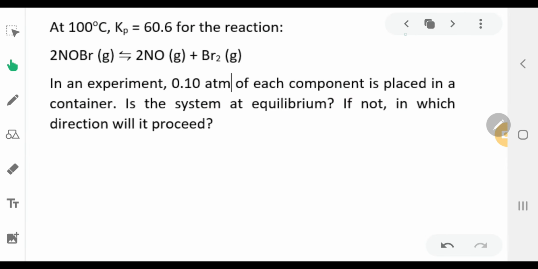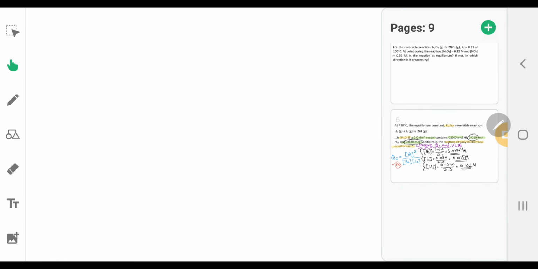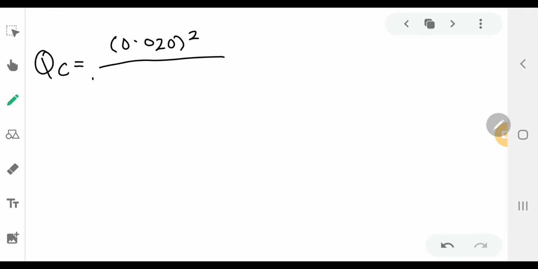So when we substitute the value, the Qc value, you would get 0.020 to the power of 2 divided by 5.0 times 10 to the power of negative 3 times 0.015.